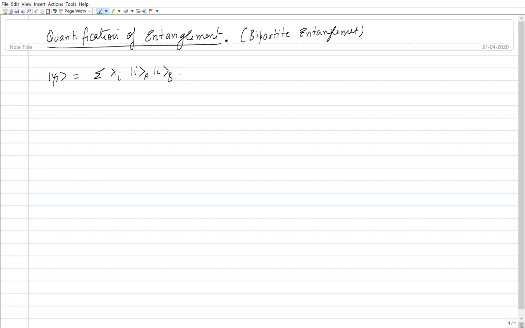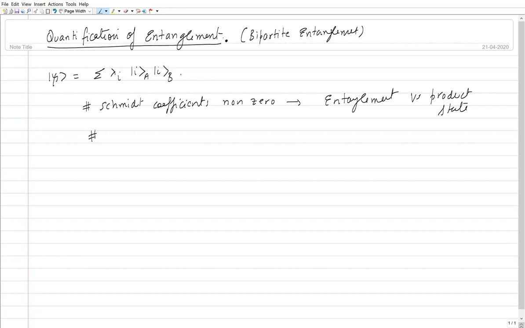So we've already seen that the number of Schmidt coefficients which are non-zero tells me about the entanglement versus a product state.